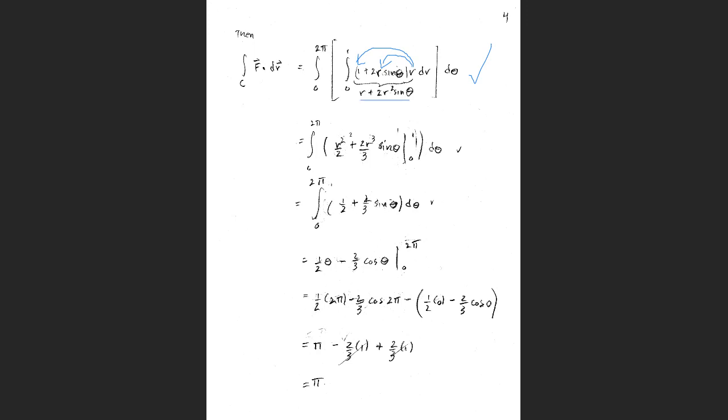The antiderivative with respect to r would be r squared over 2 plus 2r cubed over 3 times sine of theta. The limits for r go from 0 to 1, and I feed those limits in. Now it becomes a calculus 1 or calculus 2 problem. When you work it out, in the end, the work is going to be equal to pi.